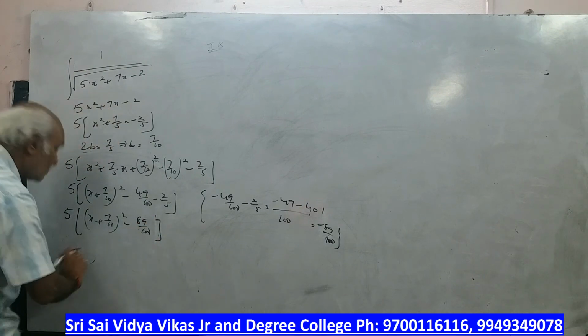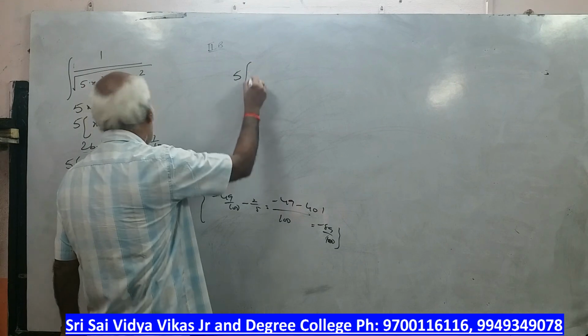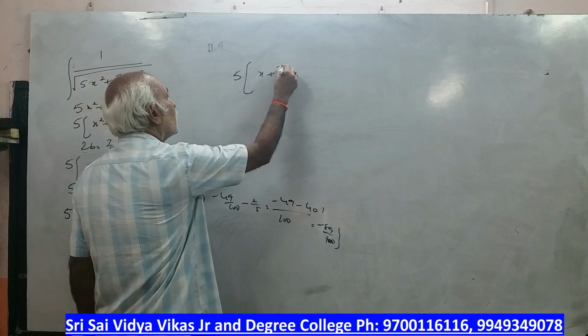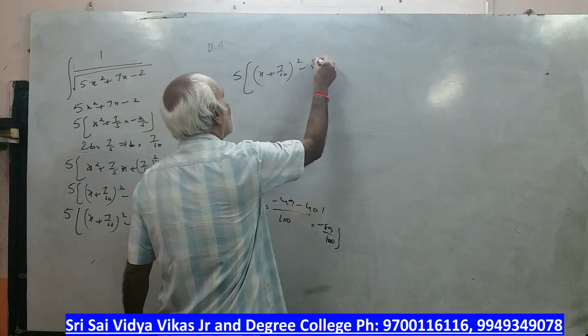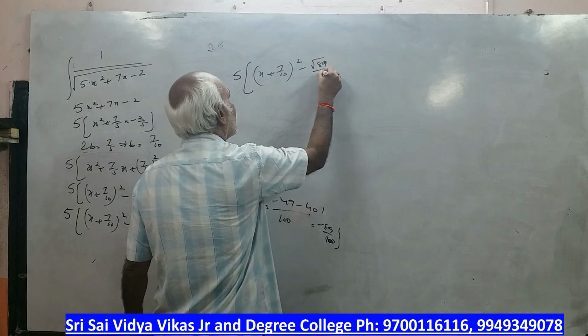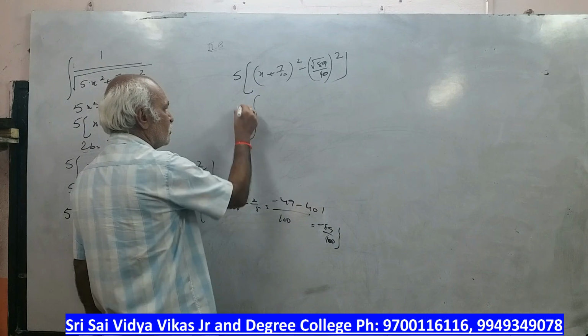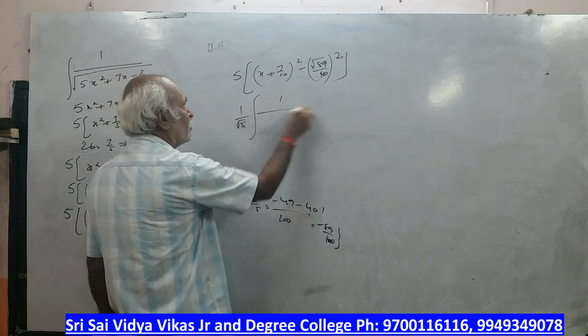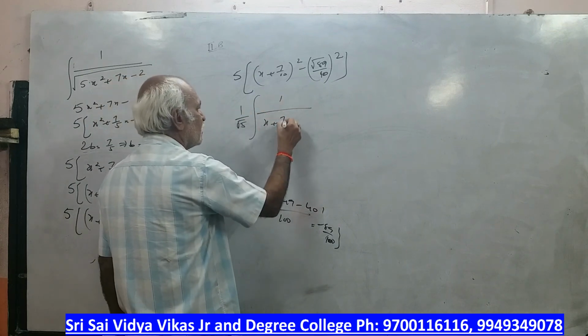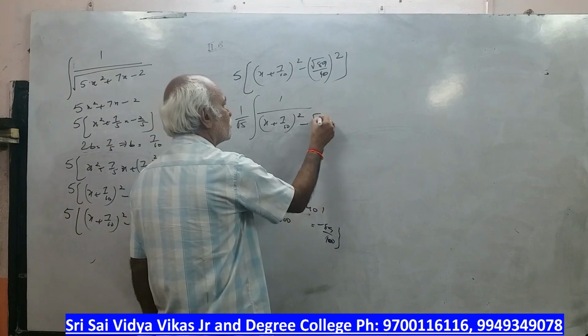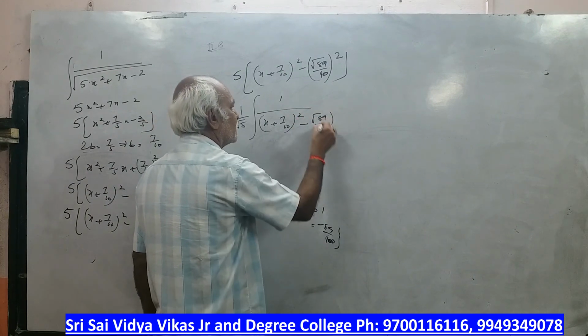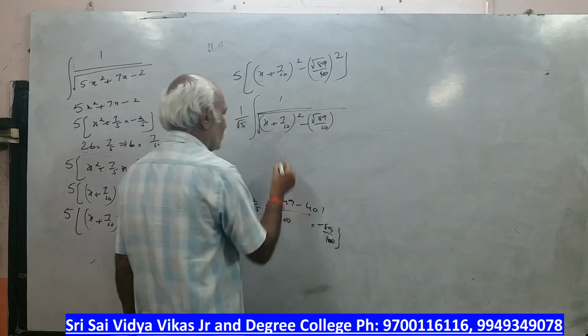Therefore, whole square. So again 1/√5, 1/[(x + 7/10)² − (√89/10)²] under root. So again which formula?